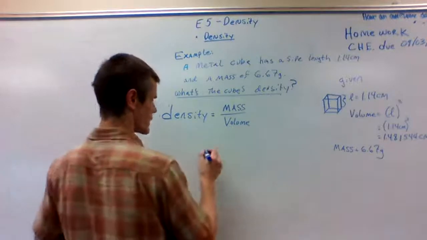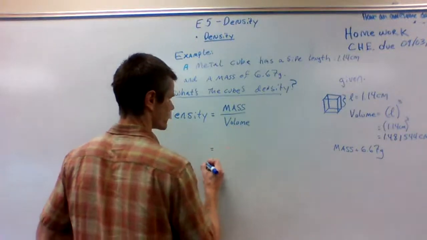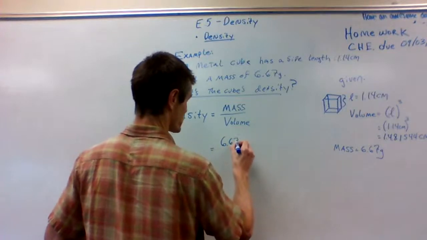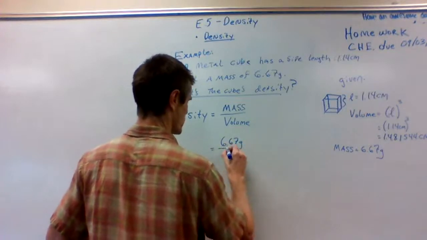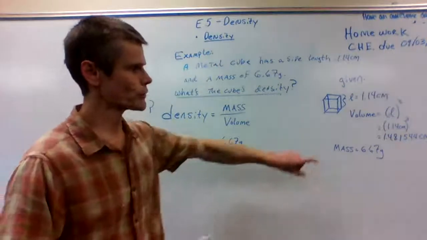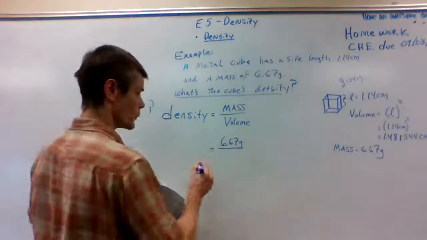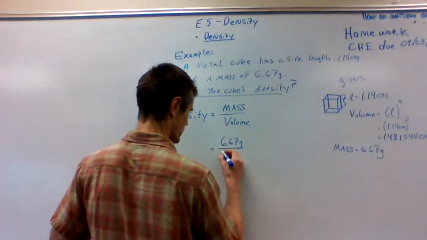Let's put that into our definition for density. The mass is 6.67 grams. The volume we've just determined by taking the length and cubing it, and we're retaining all of our data.